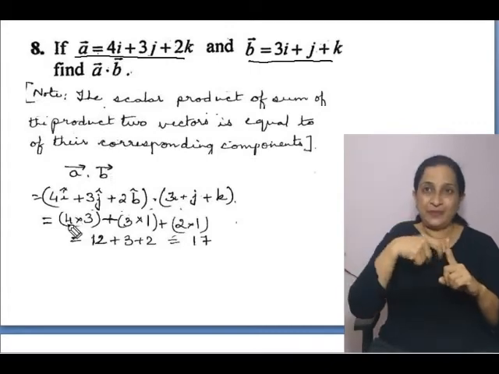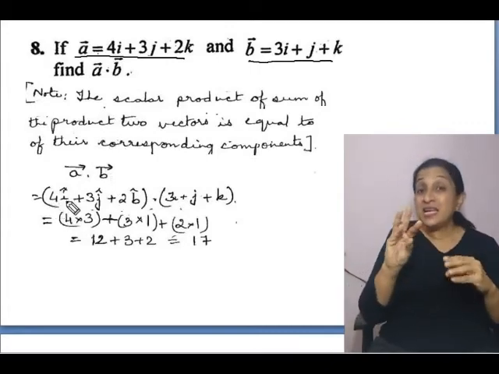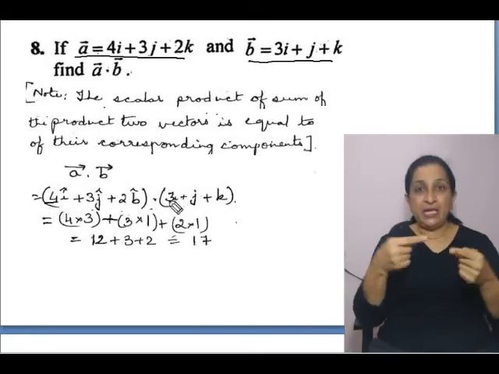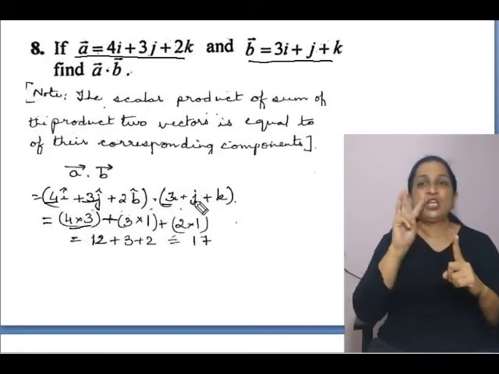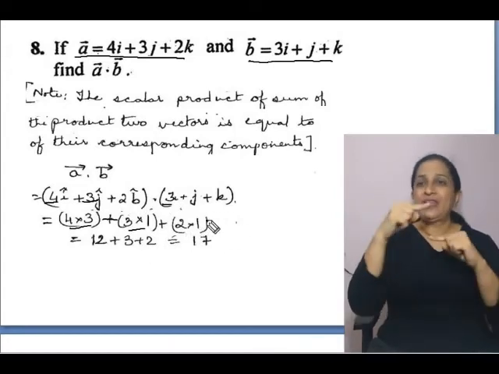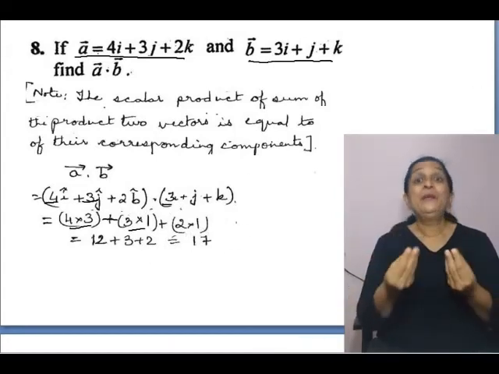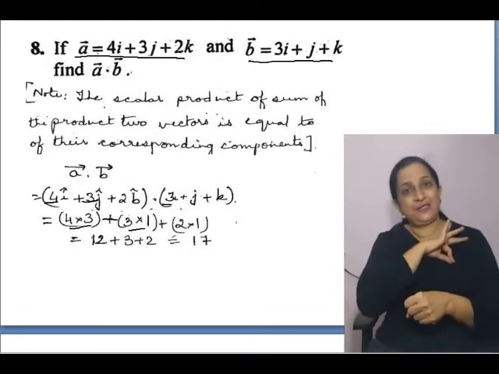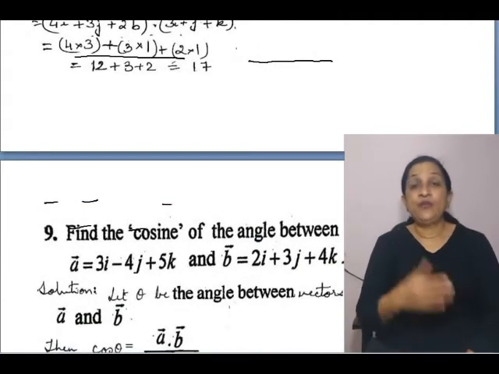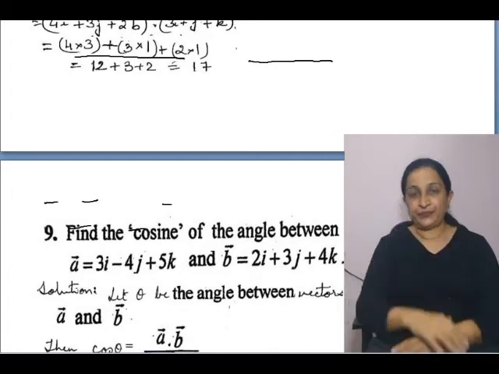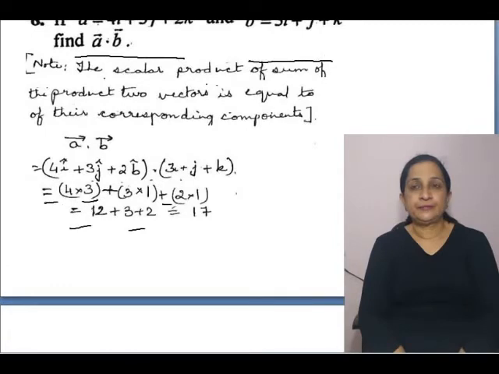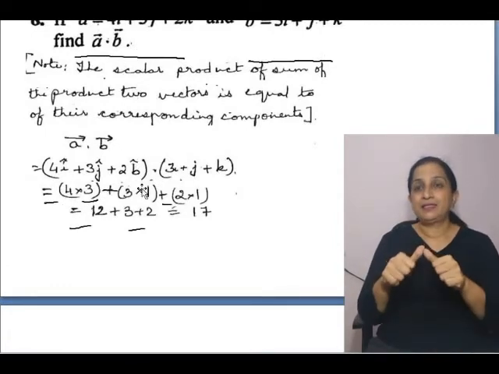It is nothing but the product of the corresponding components. So it is 4 into 3, 12, 3 into 1, 3, 2 into 1, 2. It is equal to 17. That is the value of vector A into vector B.